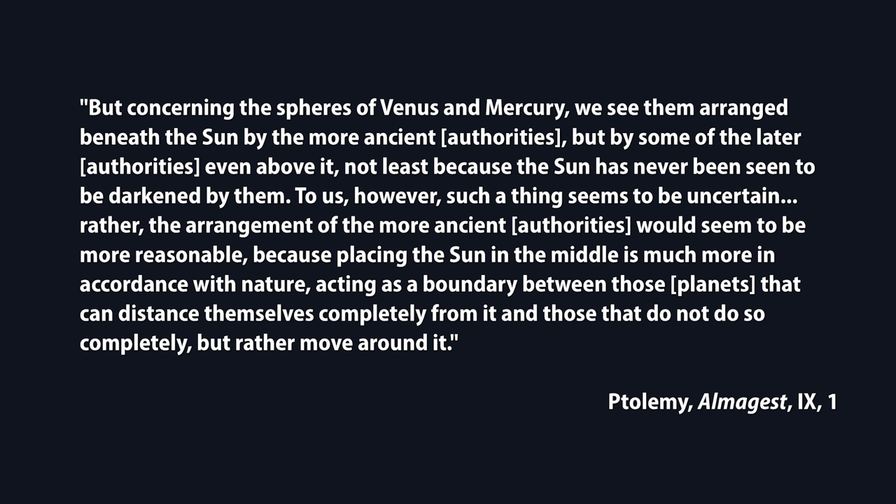Rather, the arrangement of the more ancient authorities would seem to be the more reasonable because placing the sun in the middle is much more in accordance with nature, acting as a boundary between those planets that can distance themselves completely from it and those that do not do so completely, but rather move around it."